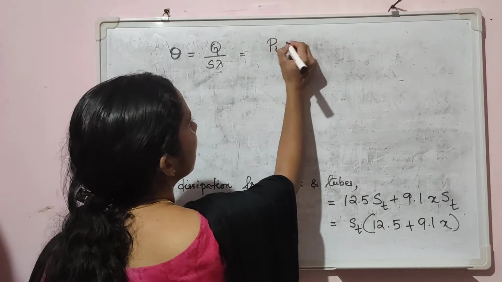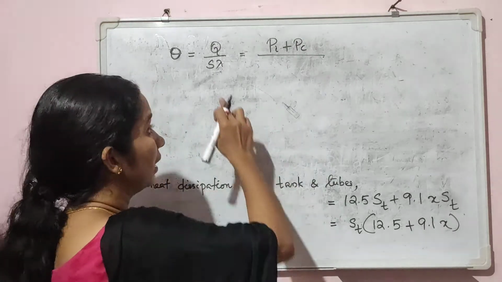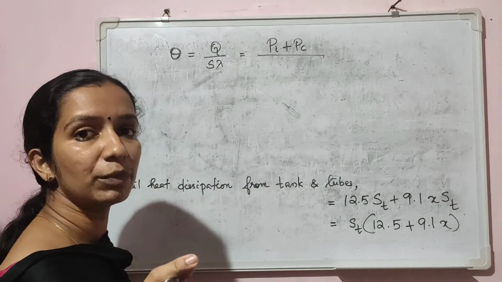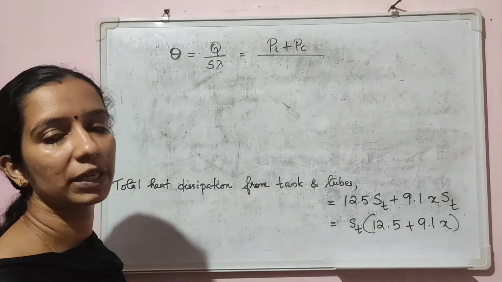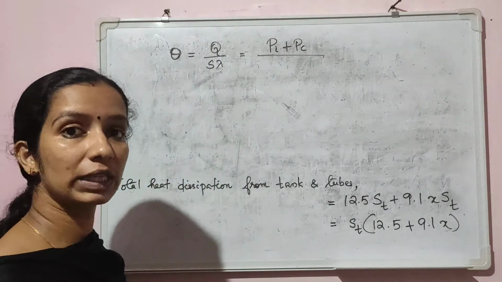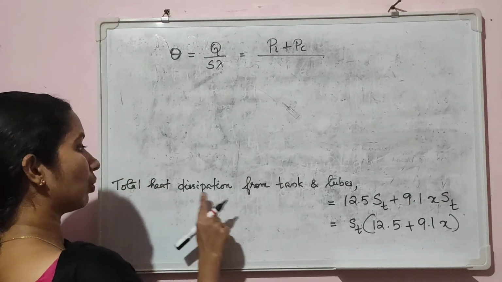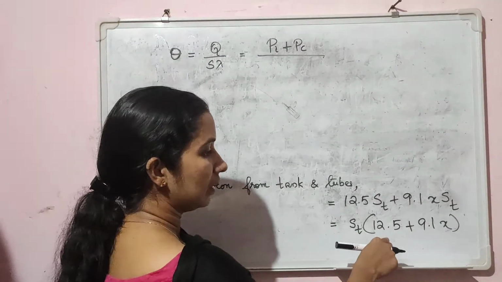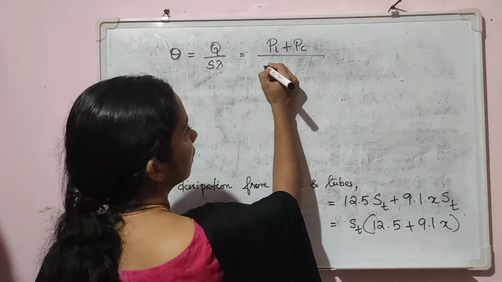Total loss is Pi plus Pc, iron loss plus copper loss, divided by lambda, the specific heat dissipation from unit area, and S is the total area of the heat dissipating surface. So S lambda will give the total heat dissipation. So we have calculated the total heat dissipation from the tank and tubes, and it is 12.5 plus 9.1 x into St.